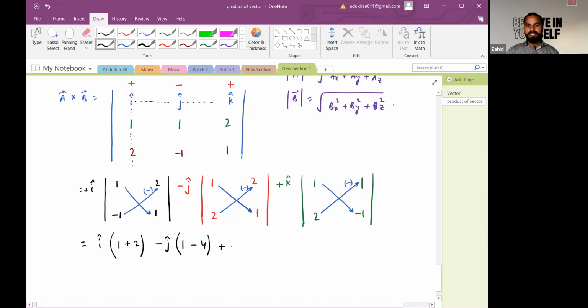Plus k cap times 1 into minus 1, so minus 1, and 2 into minus 1, so minus 2. On simplifying, you will get 3 times i cap plus 3 times j cap minus 3 times k cap. All these terms have i, j and k components, so we can't add them together.